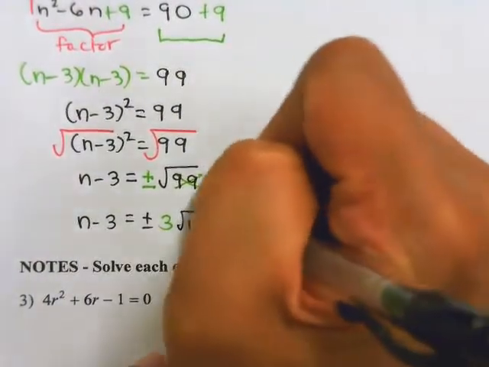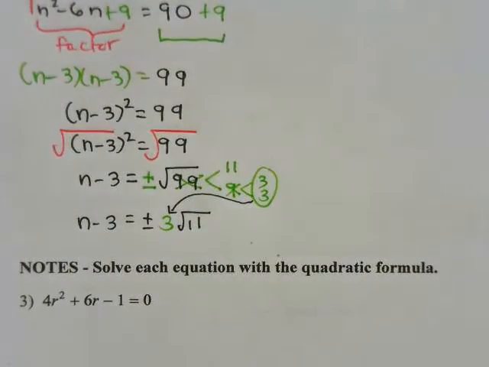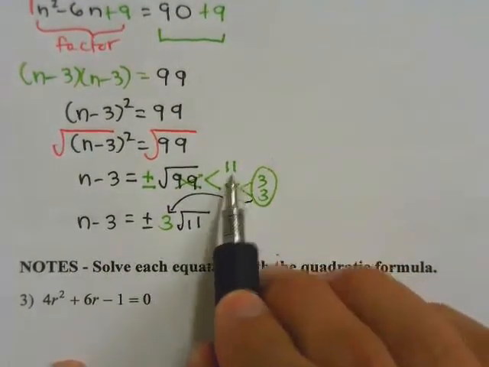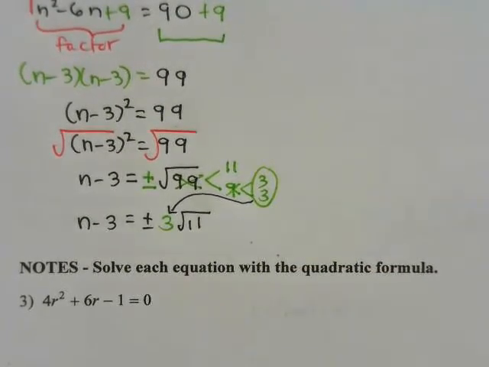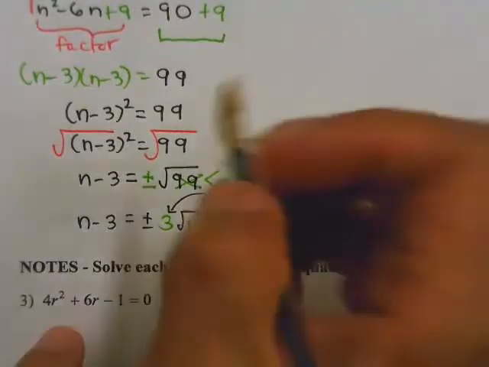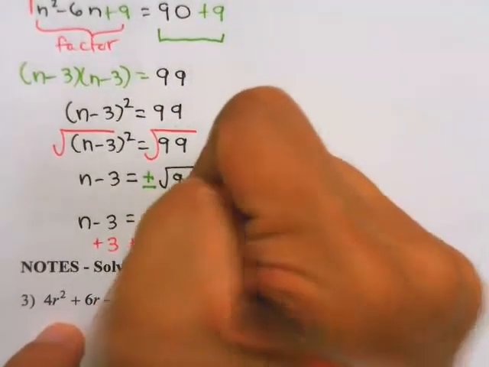So one of the 3s just goes on the outside. The number that didn't have the pairing goes back on the inside of the radical, if there are some leftovers. Okay. Again, we're solving for x, we're solving for the variable, so we're going to add 3 on both sides.